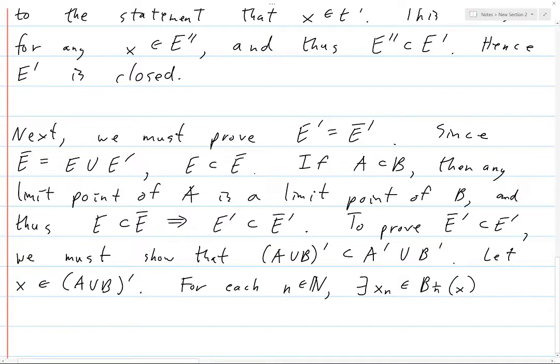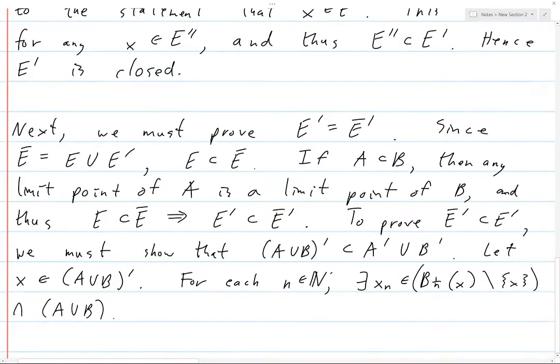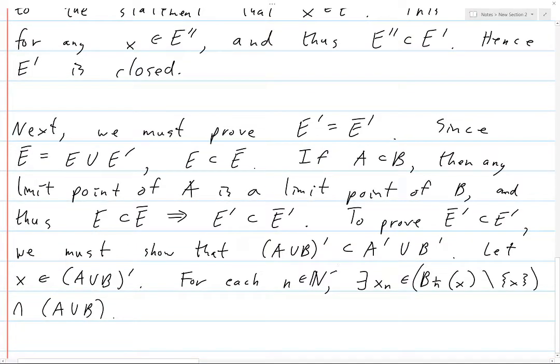well, here I want to write this in a way that makes it look like what I had before. So it's in a ball of radius 1 over n around x, but it also is not equal to x. And it's also in the set A union B. And of course n is not zero in the natural numbers here because I'm an analyst.